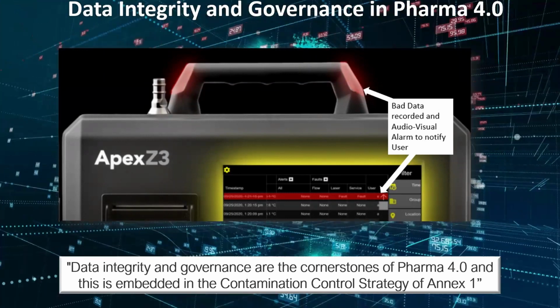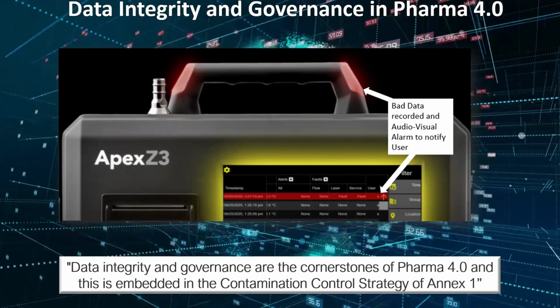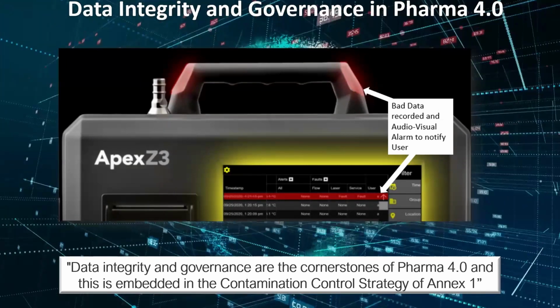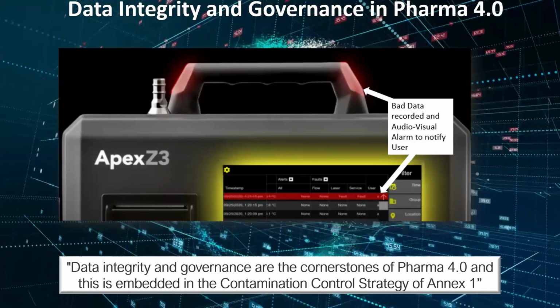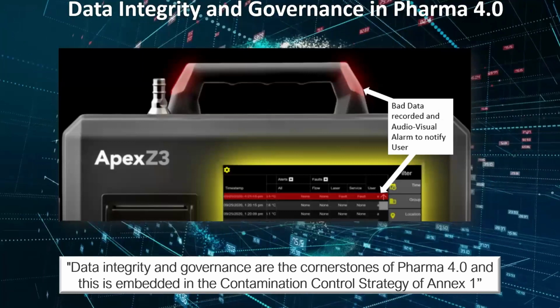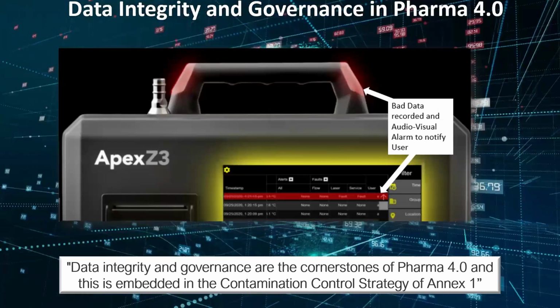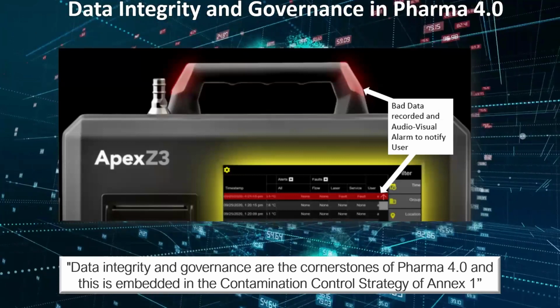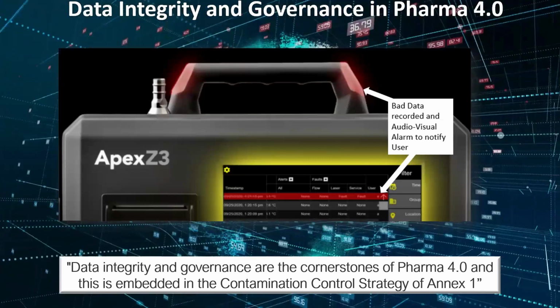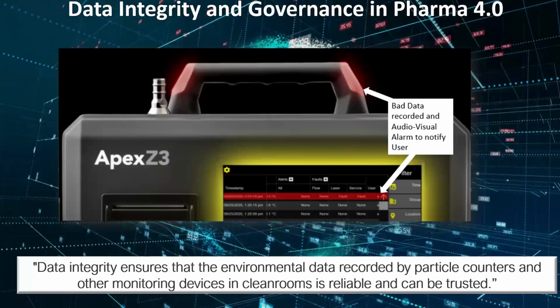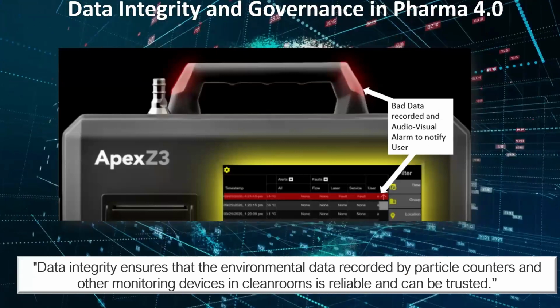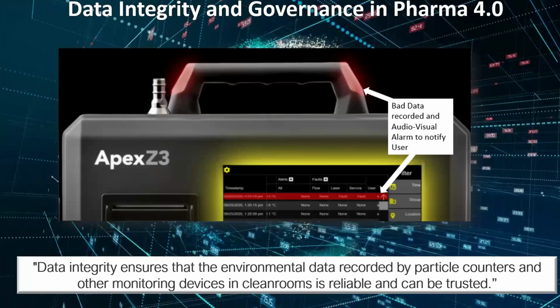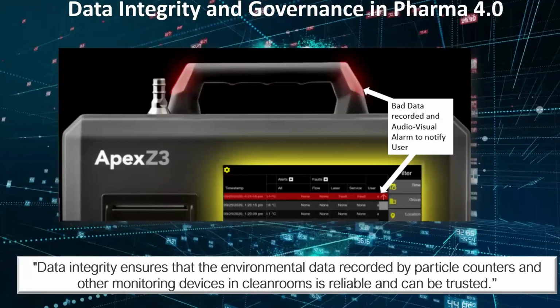We're not confident in the quality of the data. So that particular instrument can be put aside and brought out to service and not be continually used, where you send it on for calibration maybe 6 months, a year later, and you find it's failed the calibration. That's going to raise a lot more issues. So data integrity ensures that the environmental data recorded by particle counters and other monitoring devices is reliable and it can be trusted.